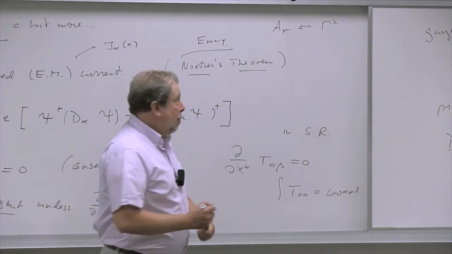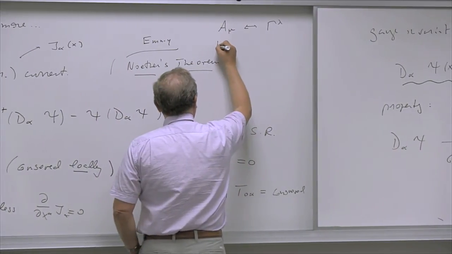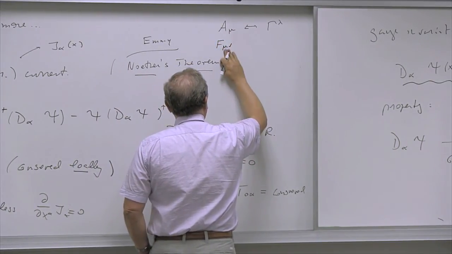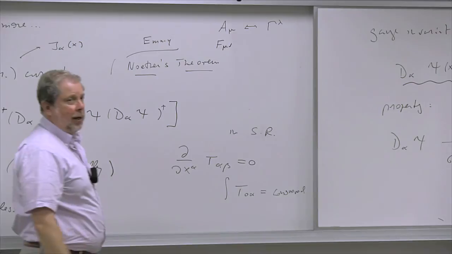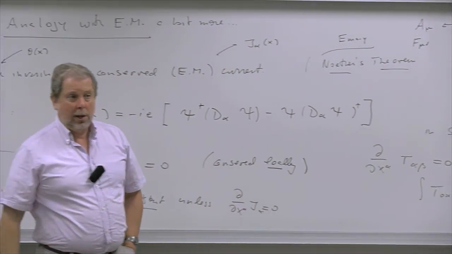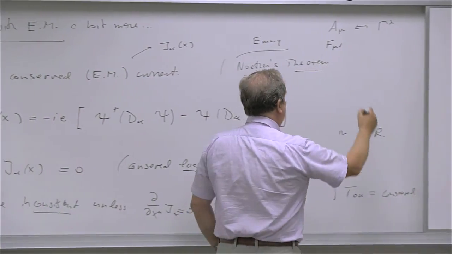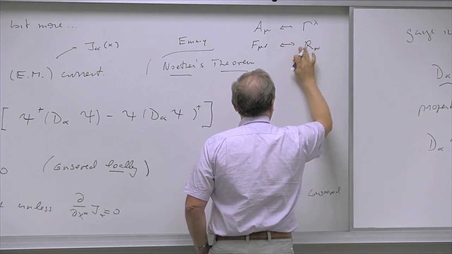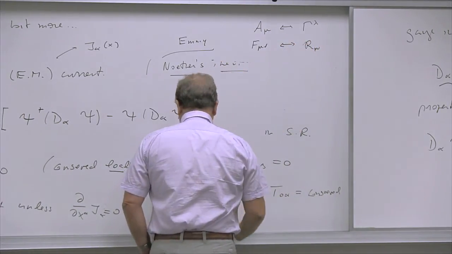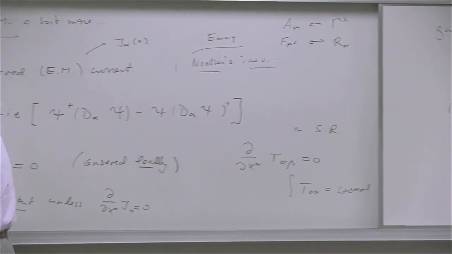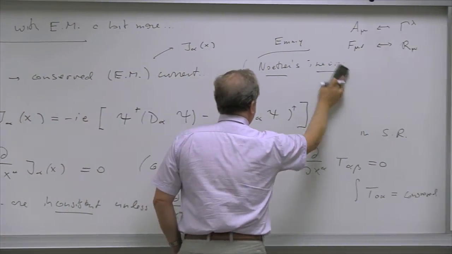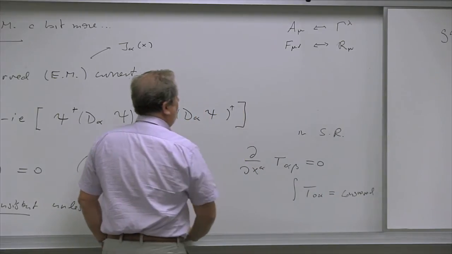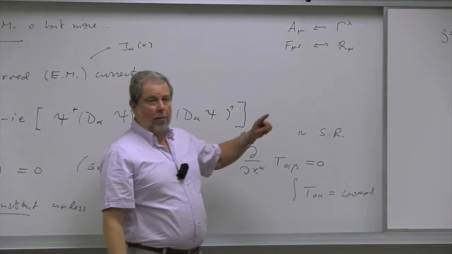Now, there's going to be a further element in this because, of course, in electromagnetism you have the field strength tensor, which is the F mu nu. And there is an analog of that in gravity, and that is the Ricci tensor, or the Riemann tensor, if you wish. So you do have a further correspondence to which we have not come yet, and to which we'll come in a little bit.